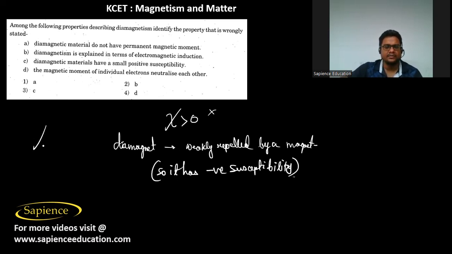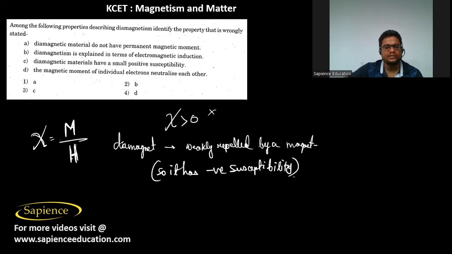And chi, the magnetic susceptibility, is the ratio of M and H, where M is the magnetization of the substance and H is the magnetic intensity. So the ratio of the magnetization divided by the magnetic intensity is called the magnetic susceptibility.